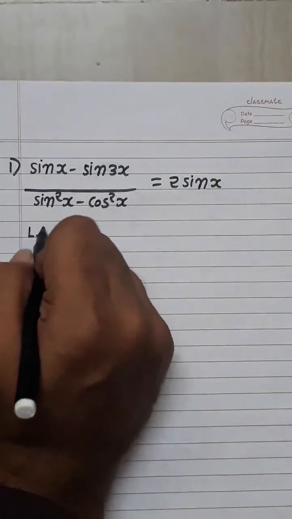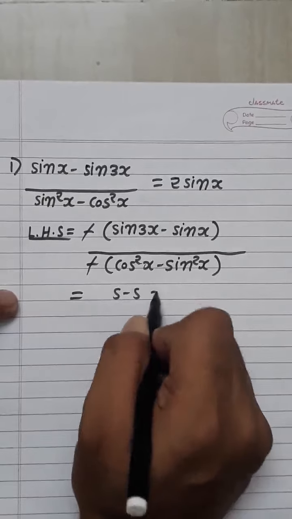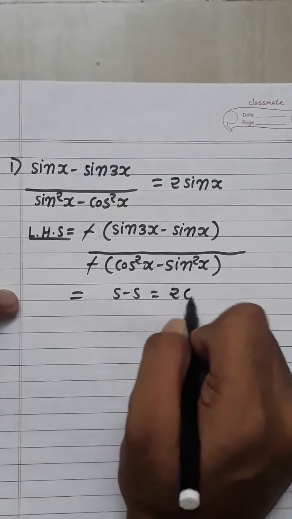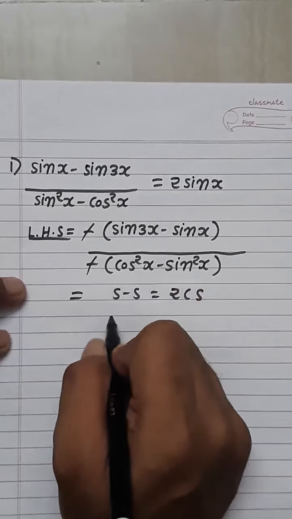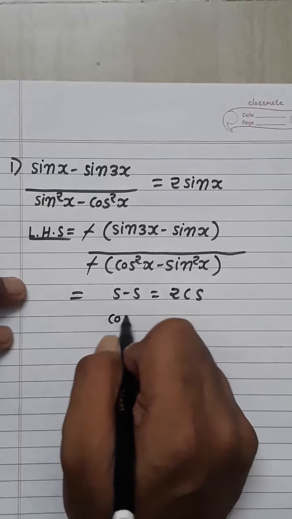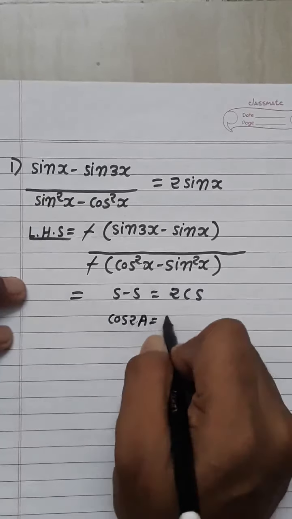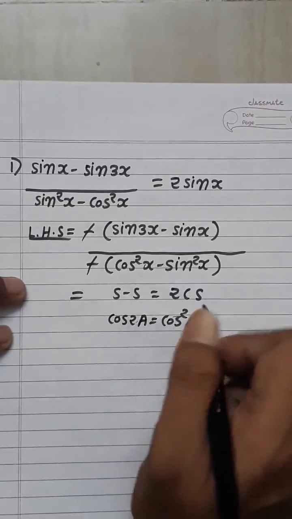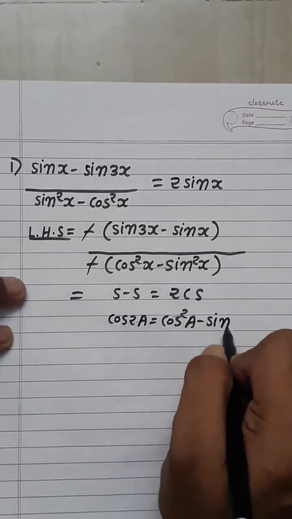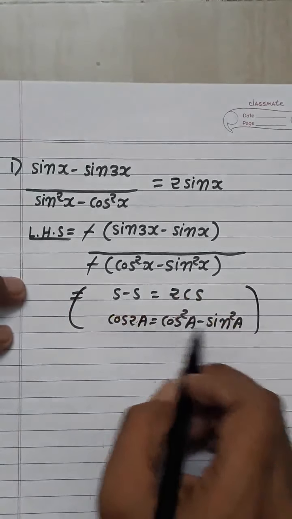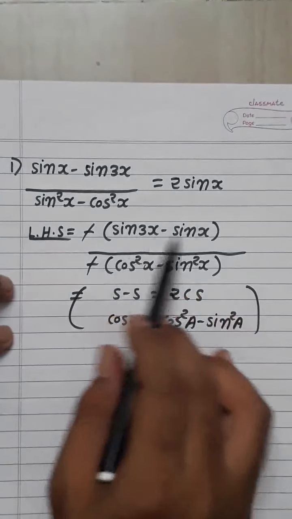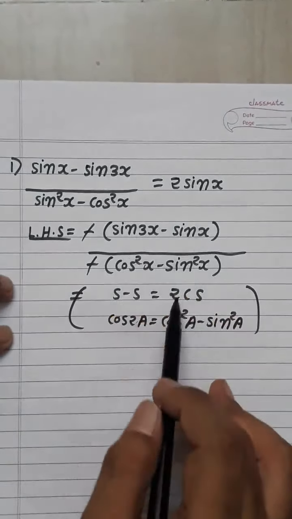So in the numerator here apply the identity sin C minus sin D. So sin C minus sin D is equal to 2 cos sin, and in the denominator use the identity cos 2a is equal to cos square a minus sin square a. So in the denominator we use this result and in the numerator apply the identity.